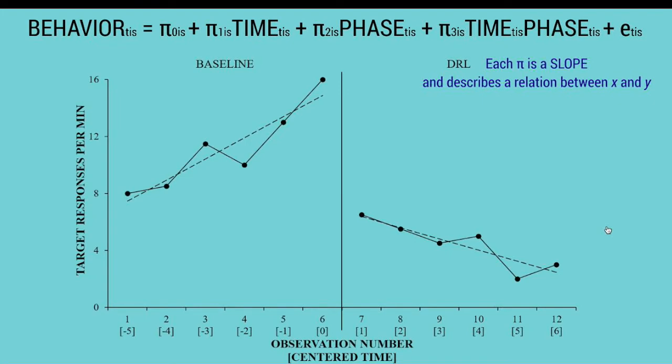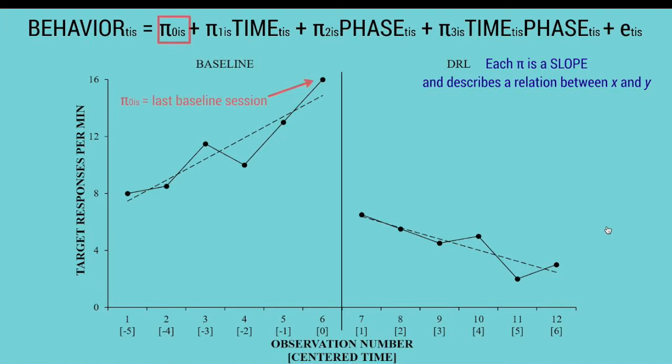Now imagine real quick that we have a very simple A-B phase graph where our A phase is baseline and our B phase is DRL or some sort of treatment. Each of those pi values has a very specific meaning within the analysis of this A-B phase graph.